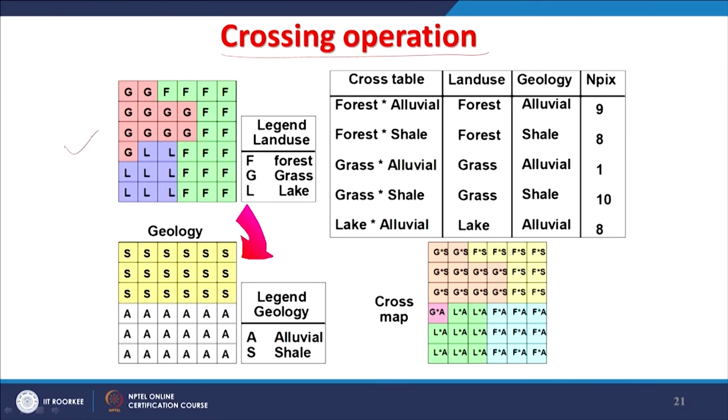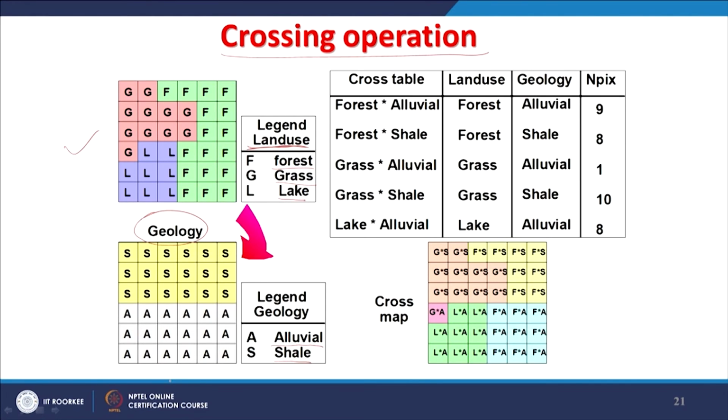So, again a map showing the land use of 3 types: forest, grassland and lake or water body. And another example is the geology, where only 2 types of lithology are present. One is the alluvium, another one is the shale. So, the geology one is much simpler than your land use, but that does not matter.